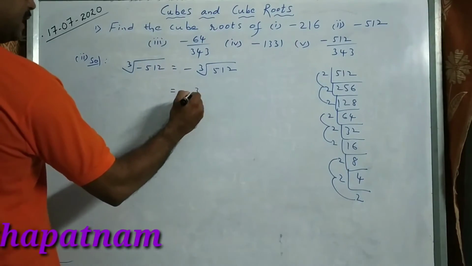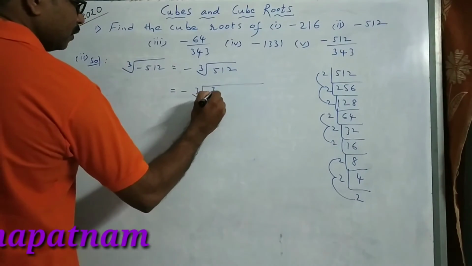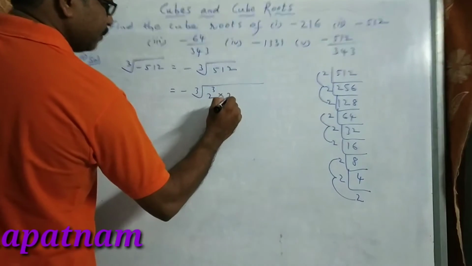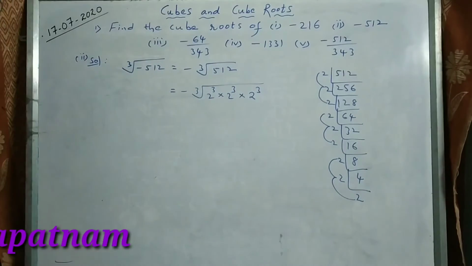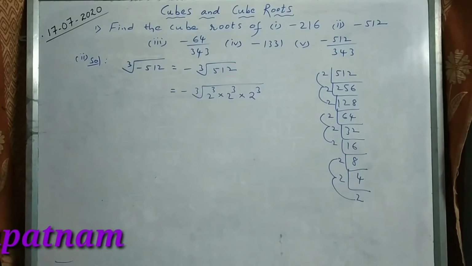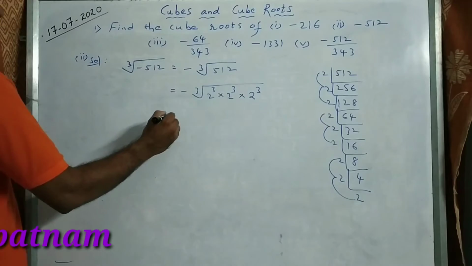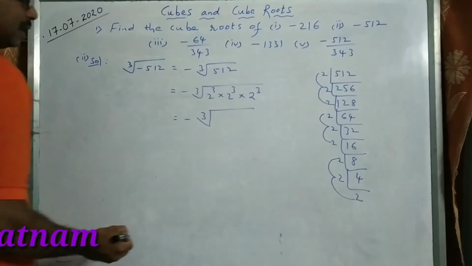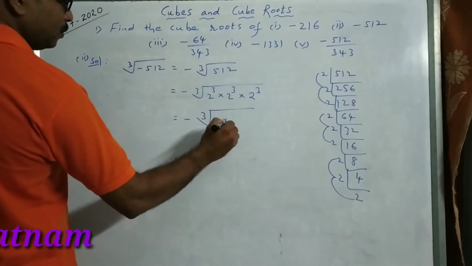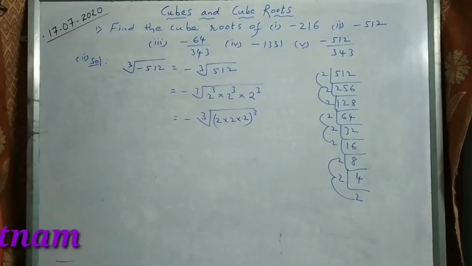So how do we write that 512 now? Can I write 2 cube into 2 cube into 2 cube? Can we write like that? This is one triplet, this is one triplet, this is one triplet. So minus cube root of this I can write 2 into 2 into 2 whole cube.